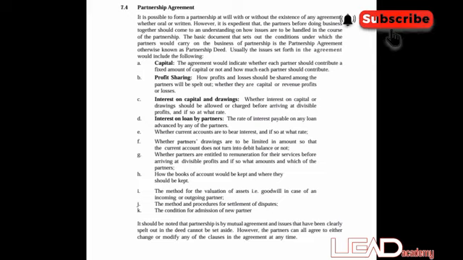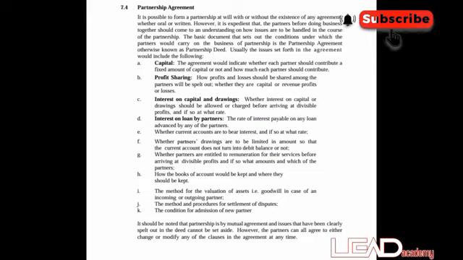That's another condition. The other condition is that the active partner, the person that takes part in the day-to-day operation of the business, is he entitled to a salary? If he's entitled to a salary, how much should the salary be? So we also have how the books of accounts should be kept and recorded.